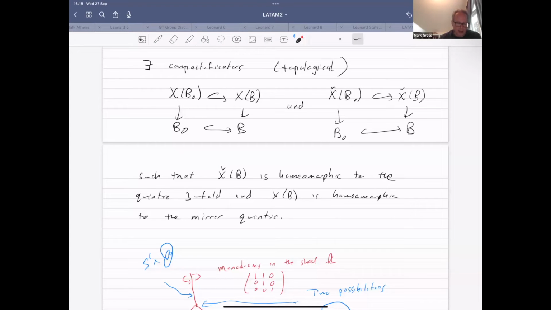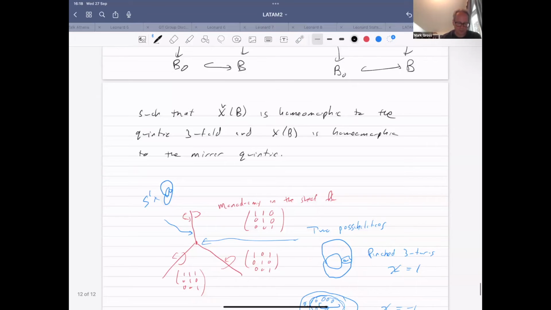Now, on the other hand, X of B0 is a complex manifold, and X check of B0 is a symplectic manifold. So we can ask, can one compactify this as a complex manifold? And can one compactify that as a symplectic manifold?